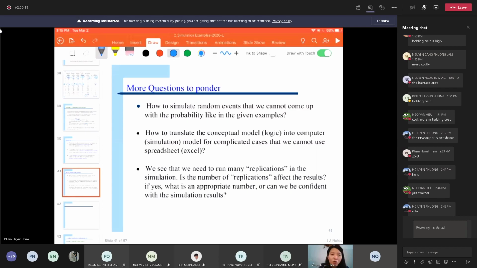Simulating 21,000 hours would be very different from simulating 2,000 hours. The result would be different, and when you take the average, it will be different. So what is an appropriate number that we can be confident in for our simulation results? Remember those questions and see how we will answer them in other lessons.